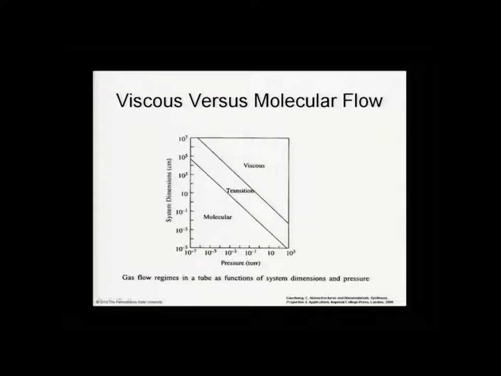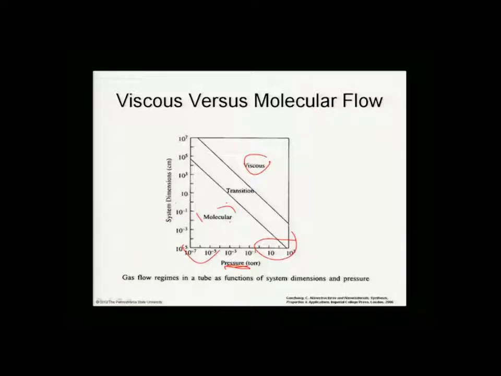Here is a diagram that shows us the transition between viscous flow and molecular flow as a function of pressure. At higher pressures you'd expect viscous flow, and you get it. If you go to lower pressures, you'd expect molecular flow, and you get it. There's a transition, and the transition from one to the other also depends on the system dimensions.